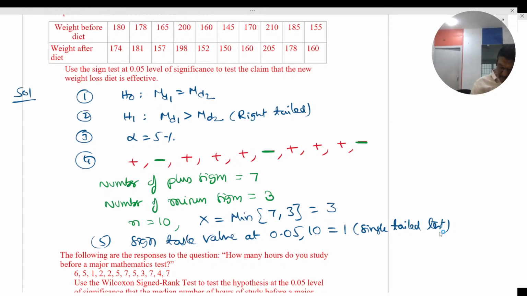Now the table value is x less than or equal to 1. This is finally the sixth step. The x is greater than the sign table value.